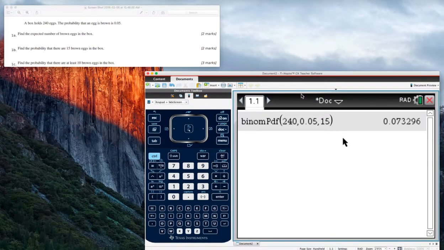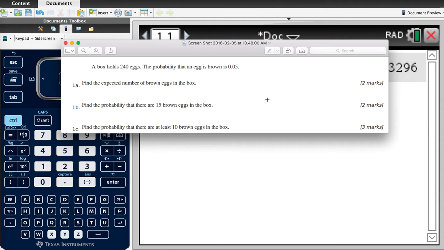The next part of this question is saying, find the probability that there are at least 10 brown eggs in the box. So first of all, I'd write that down using the probability notation, i.e. P bracket x is greater than or equal to 10. So at least 10 means 10 or more, greater than or equal to 10. And we can then do that again on our GDC.